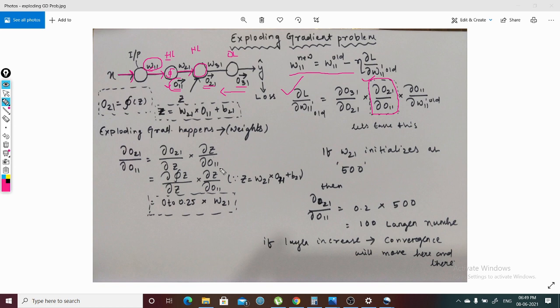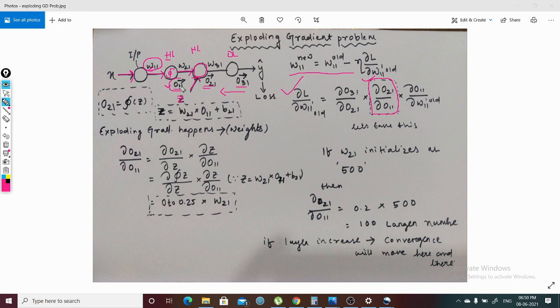Here, supposedly, the input coming is Z. Z is nothing but the input coming to this particular neuron. So what is the input coming to this neuron? As you can see, it is the O1 output coming from this hidden layer.